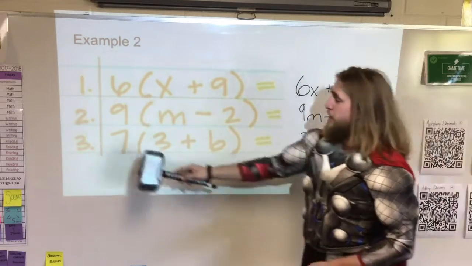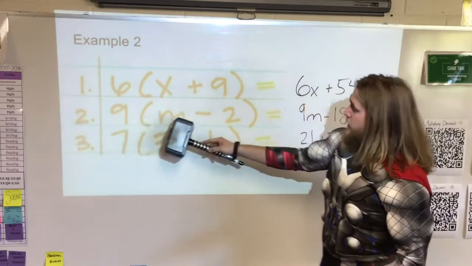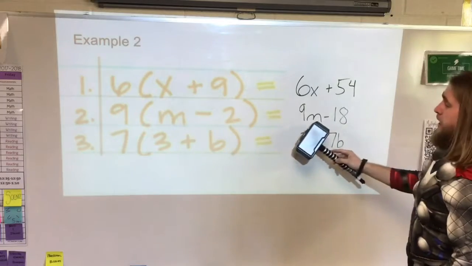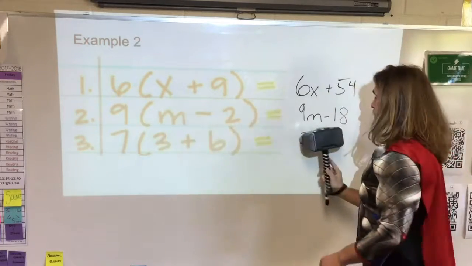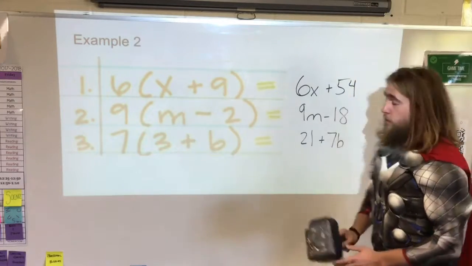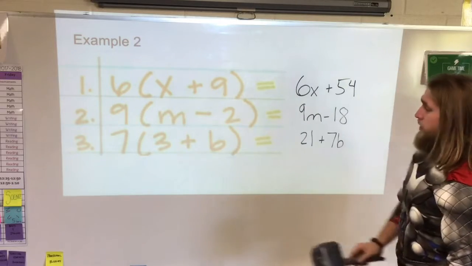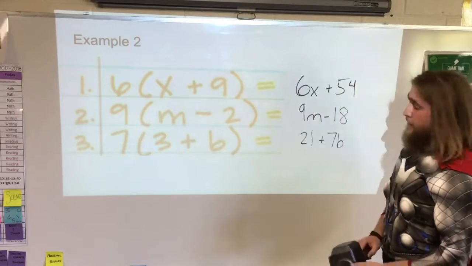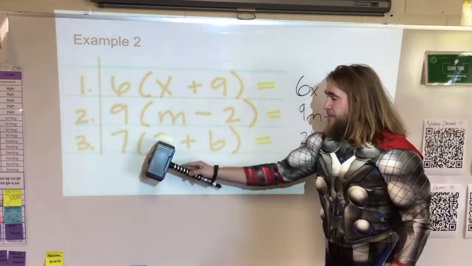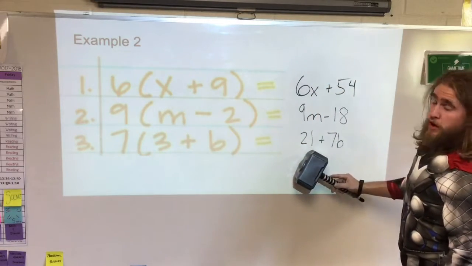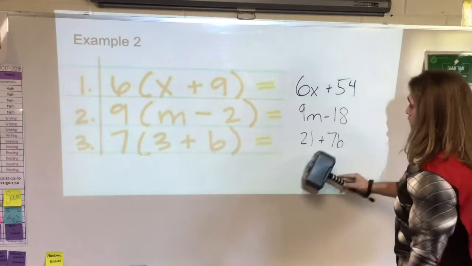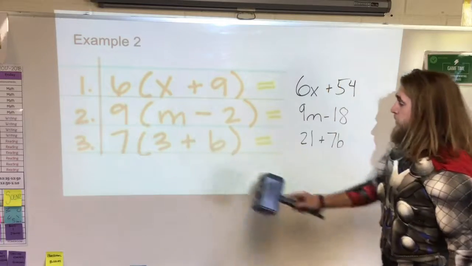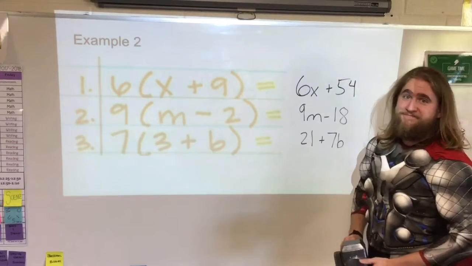For the second problem, 9 times n minus 2, we take 9 times n, 9n, minus 9 times 2, which is 18. For the third problem, 7 times 3 plus b, we first take 7 times 3 in order to get 21. We copy over our operation, the plus sign, and then write 7 times b, 7b.